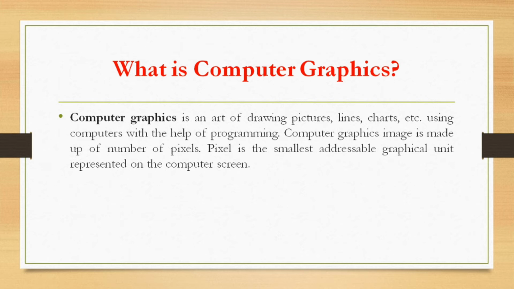They are just small dots, and all those dots together make that particular image. A pixel is the smallest addressable graphical unit represented on the computer screen.